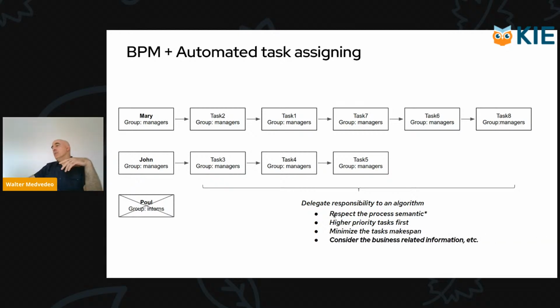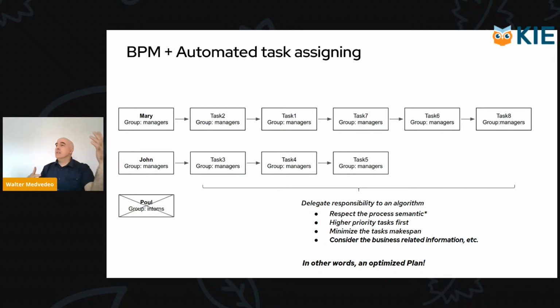And of course, ideally this potential algorithm could consider other business-related information for doing the calculations and the ordering and distribution of these tasks, right? So this is more or less what this presentation is about. In other words, we are talking about an optimized plan, right?